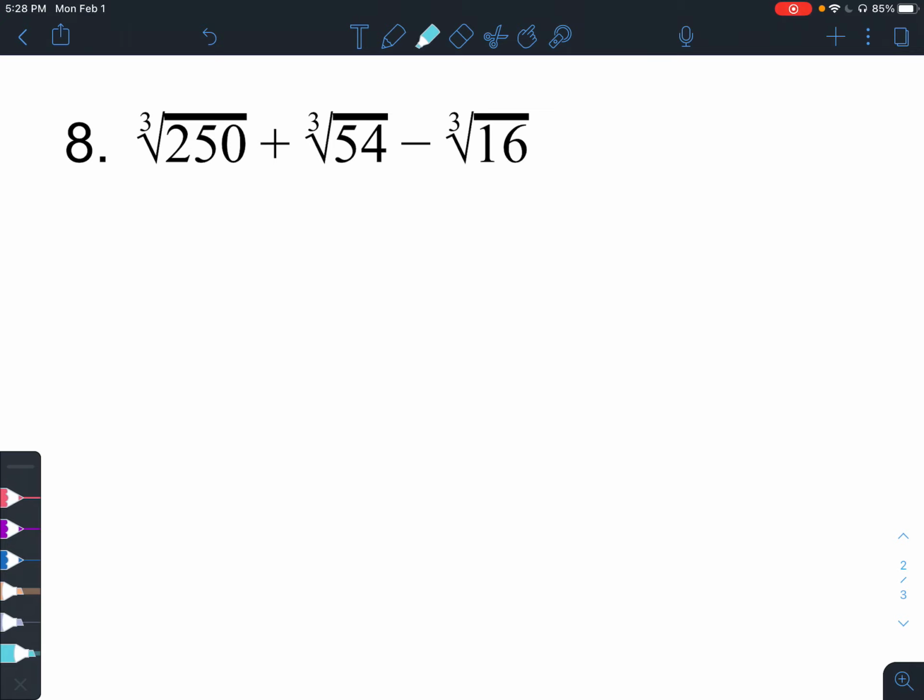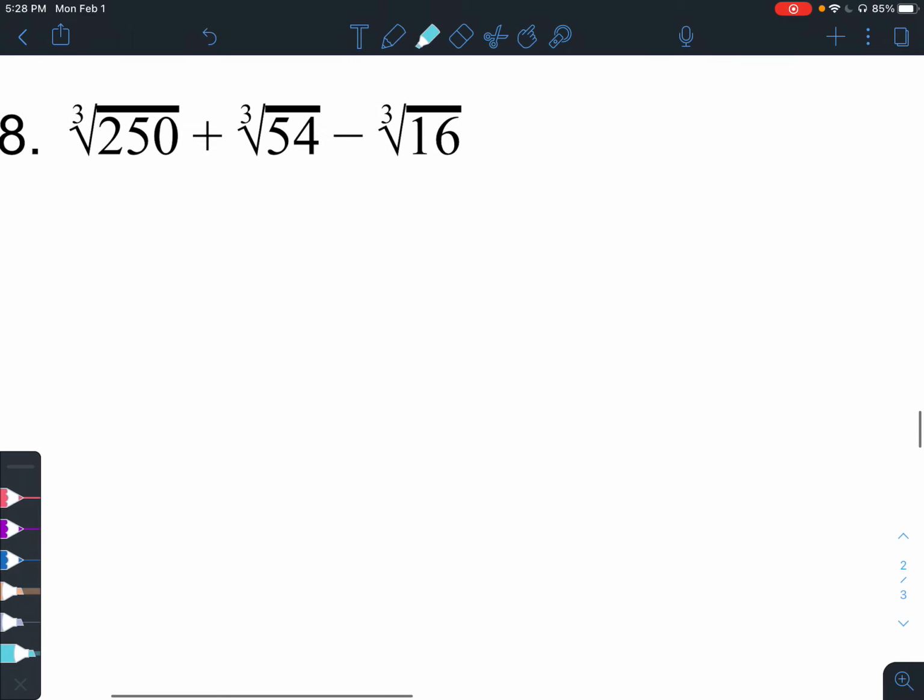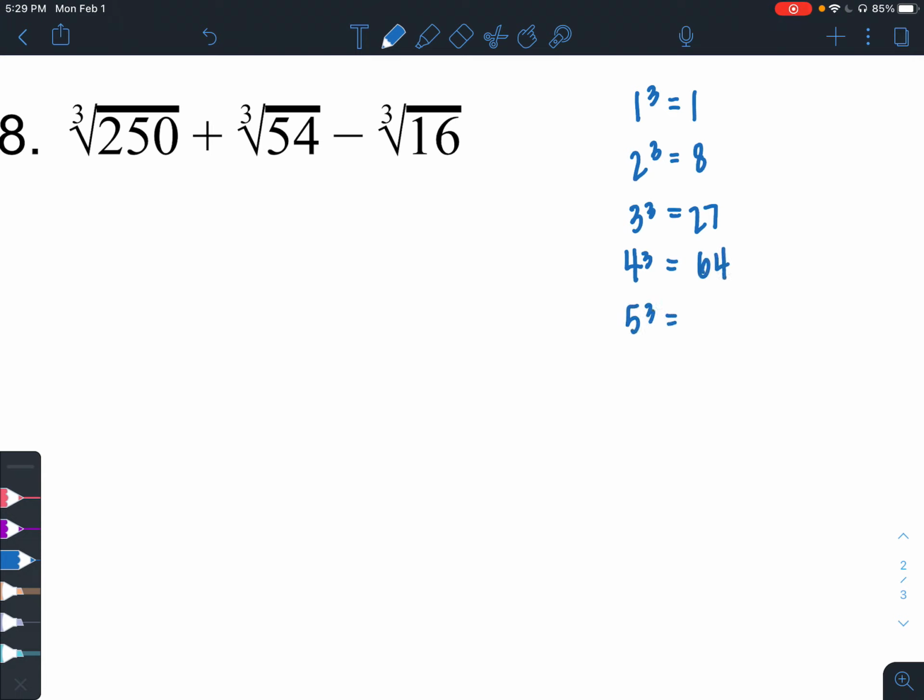This next one, kind of tricky because we have to find perfect cubes this time. I'm going to go ahead and write out some perfect cubes over here to the right. So we've got 1 to the third is 1, 2 to the third is 8, 3 to the third is 27, 4 to the third is 64, 5 to the third is 125, and we can stop there. I don't think we'll need to go any further.